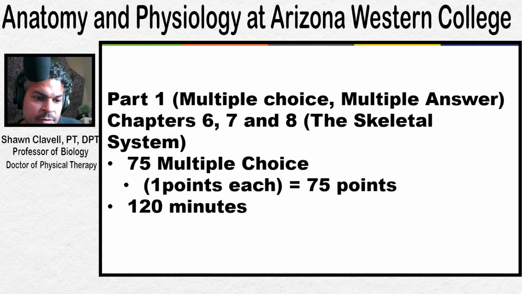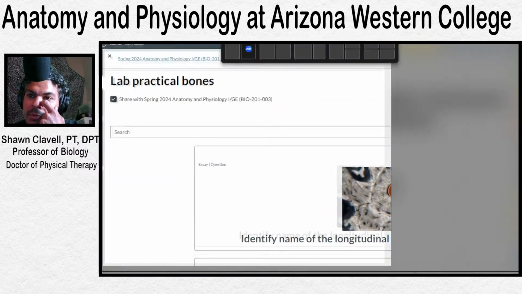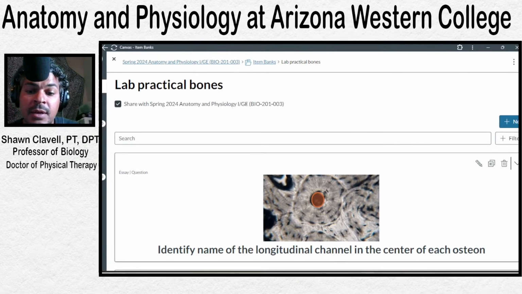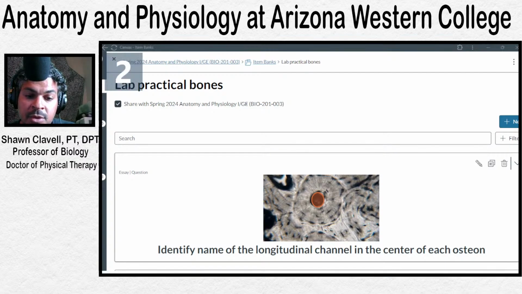So just to go over a few lab practical bones, here's what you'll be seeing. I'll throw that up on the screen for you: identifying the parts of the osteon. What are the parts of the histological structure of bone? Being familiar with those structures is going to be important.